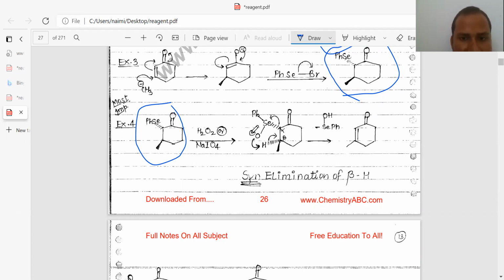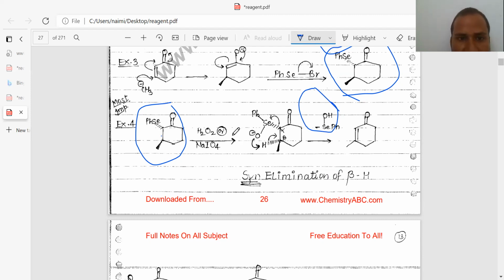This charge density further captures the hydrogen from this side, the wedge side, and this hydrogen is on the dash side. So this hydrogen is captured by this nucleophilic moiety, and this hydrogen shifts here. So a double bond will be formed, and this moiety will act as a leaving group here. So it is released out.